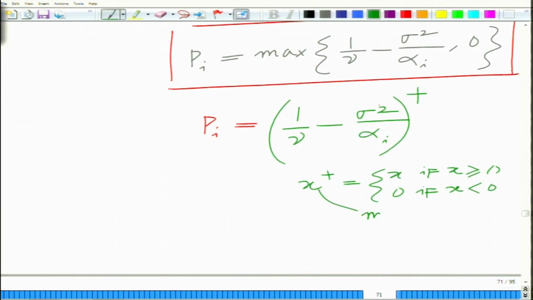Basically again saying the same thing. This is the maximum of x comma 0. That is the optimal power allocation, that is, 1 over nu minus sigma square by alpha I plus.